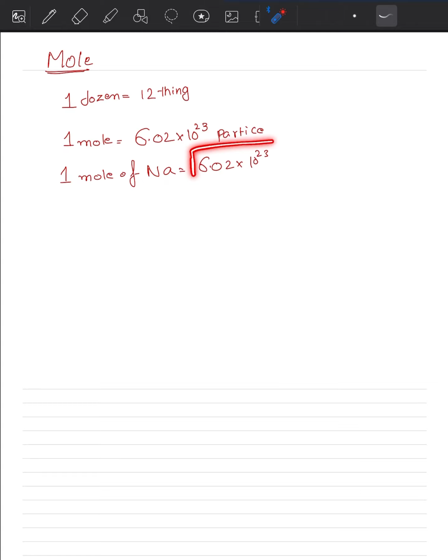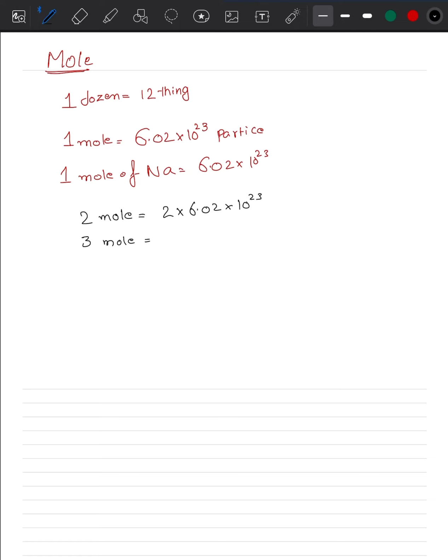Whenever we have this number of particles, we say that we have 1 mole. If we have 2 moles, it means we have 2 × 6.02 × 10^23 particles. In the same way, 3 moles means 3 × 6.02 × 10^23 particles.